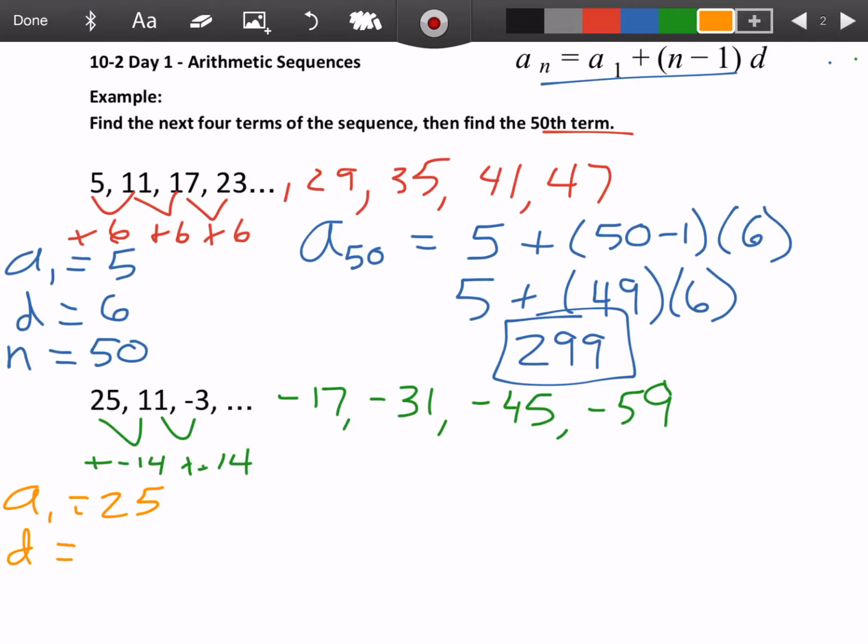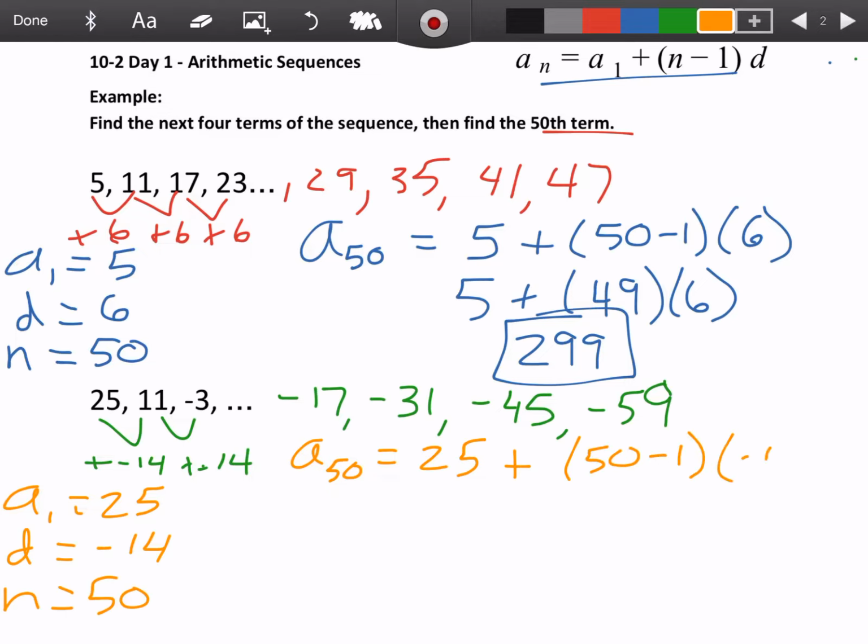Our common difference in this case would be negative 14, and our n once again is 50. So we're going to go a of 50 equals our first term, 25, plus 50 minus 1 times negative 14. So 25 plus 49 times negative 14.